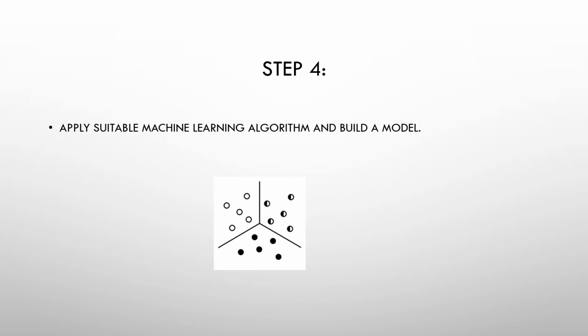Even if you have chosen any one of the learning algorithm, we are having so many algorithms. You can make use of several methodologies to build your model. So you have to choose a specific one and you have to build a model according to the algorithm that you have chosen. Or else you may take many algorithms.